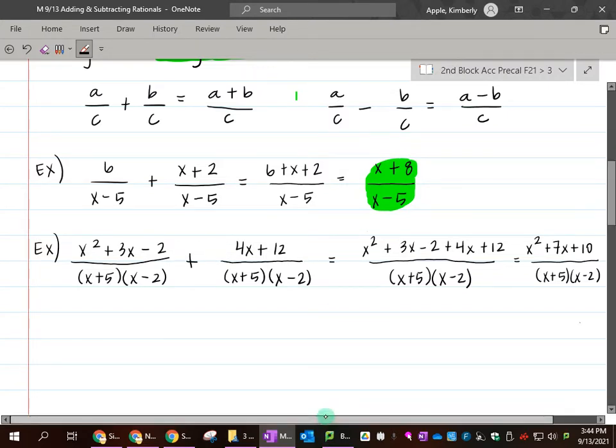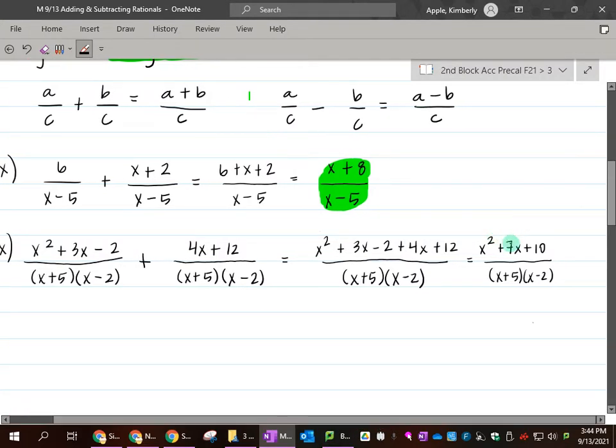All right, so at this step, I've combined or I've added the fractions into a single fraction. But I want to see if this will simplify like what we did on Friday and Thursday. So I'm going to factor the top. That's actually going to factor into x plus 5, x plus 2. And so then we'll be able to simplify some things in the numerator and denominator.